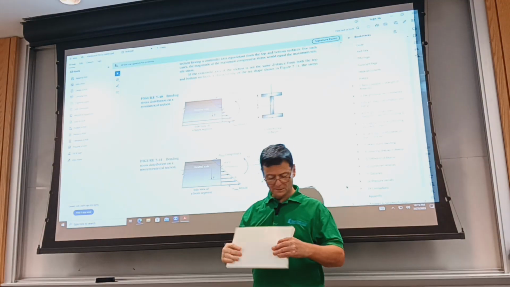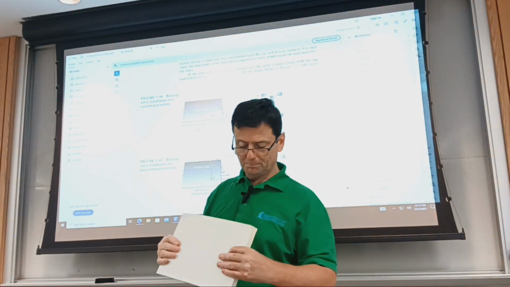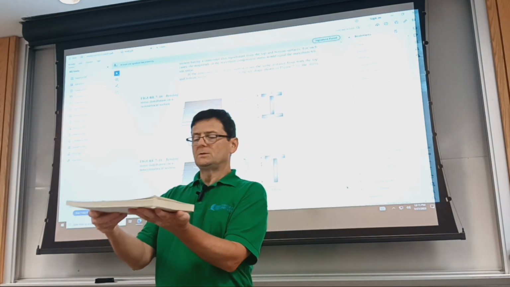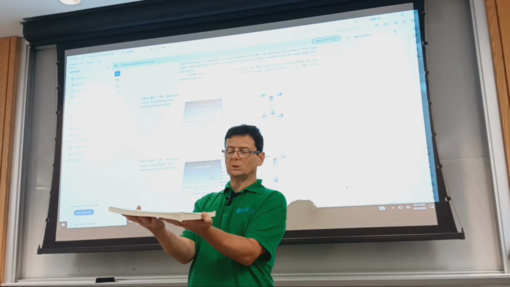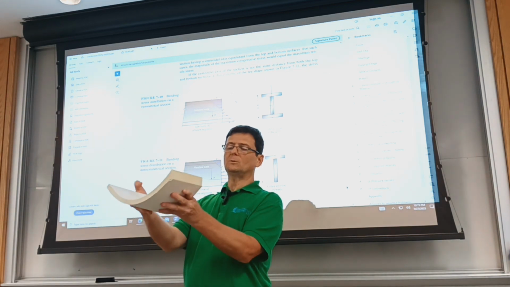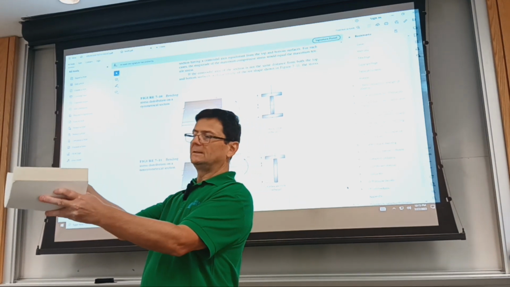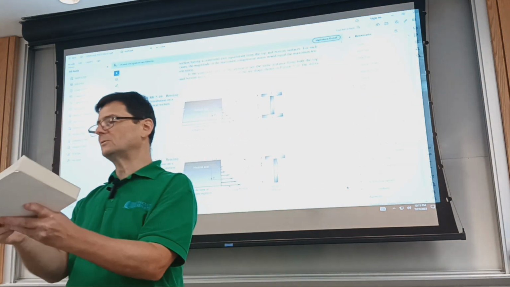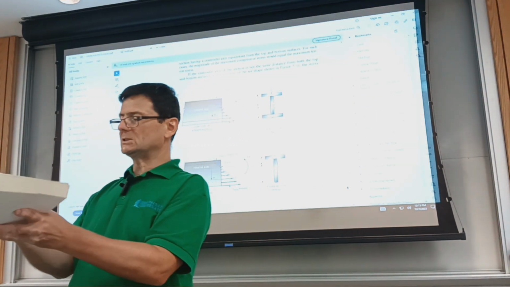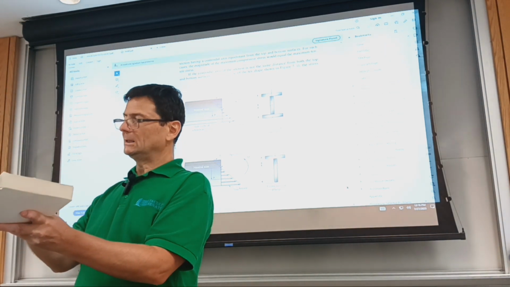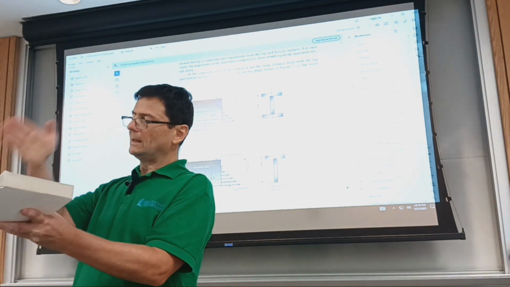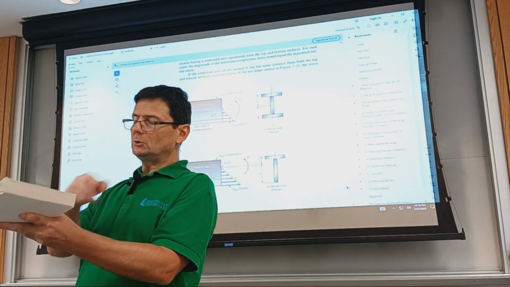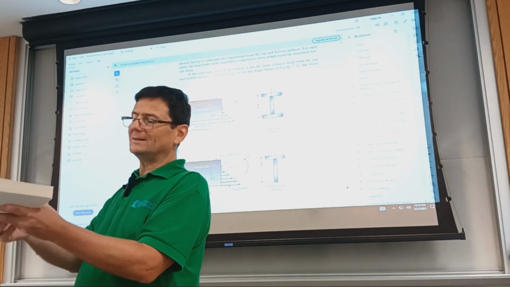So I brought with me this bound book, and of course it has pages. If you bend the book, can you see what happens to the pages? In beam theory, in order for the Euler equation to apply, you want a plane normal to the neutral axis to intersect the lines perpendicular.